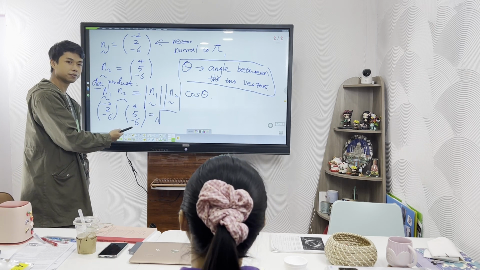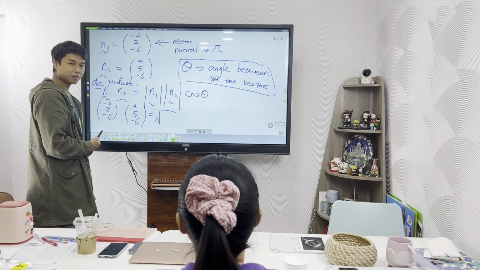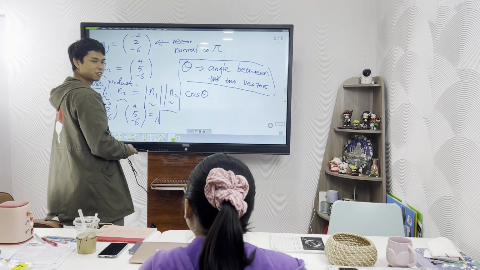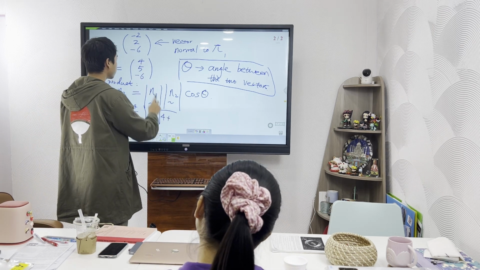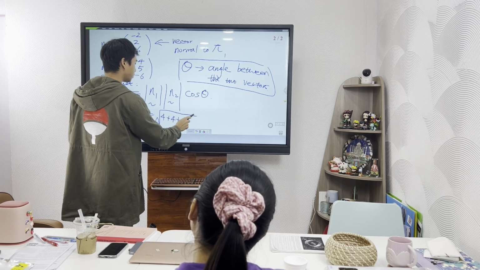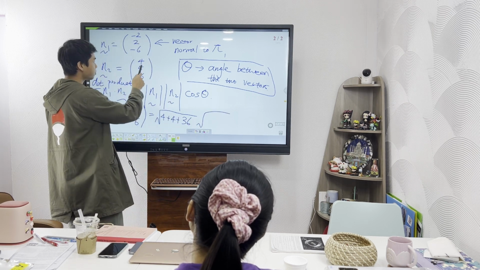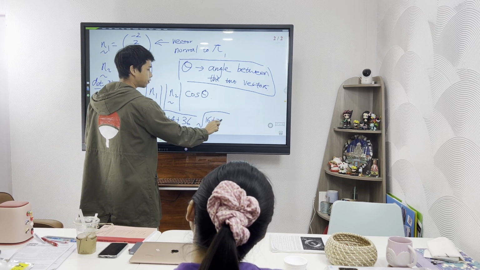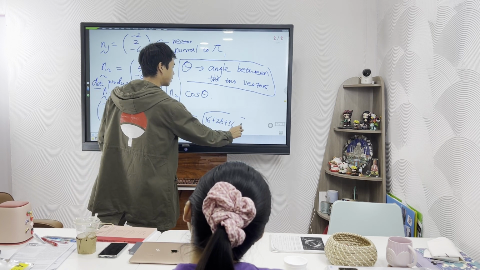Length of n1: -2 squared, which is 4, plus 2 squared, which is 4, plus -6 squared, 36. Multiply by the square root of n2: 4 squared, 16, 5 squared, 25, -6 squared, 36. Okay, cosine theta.